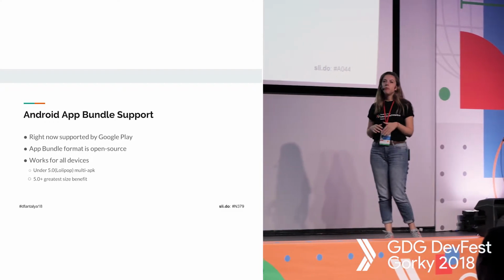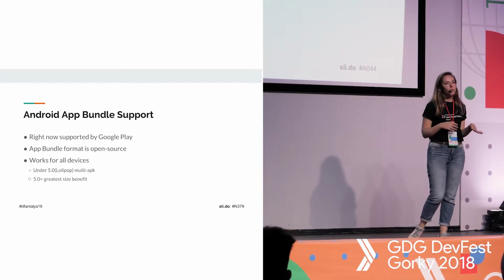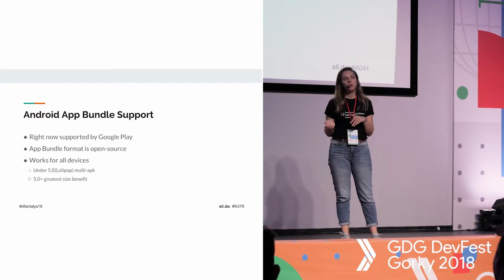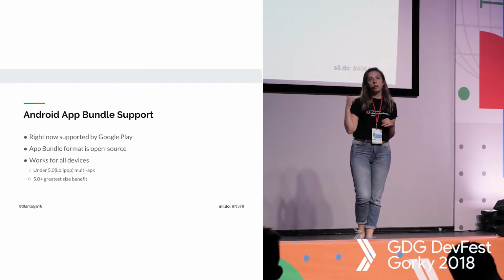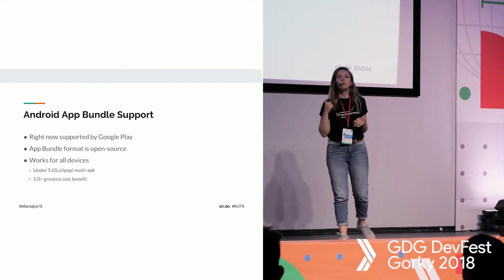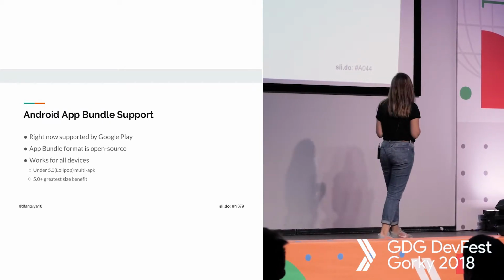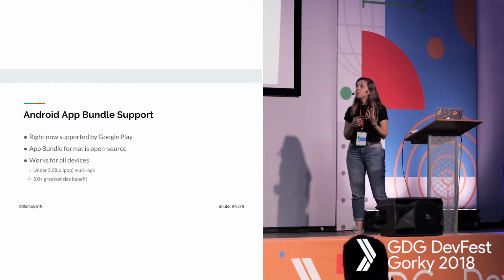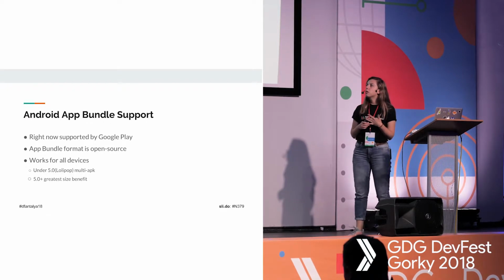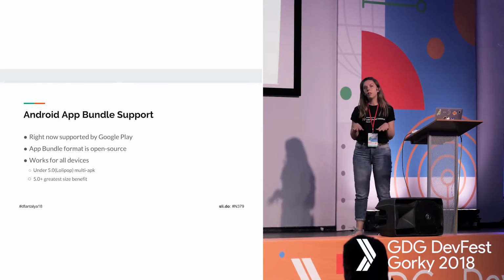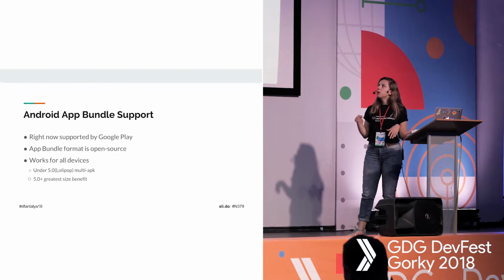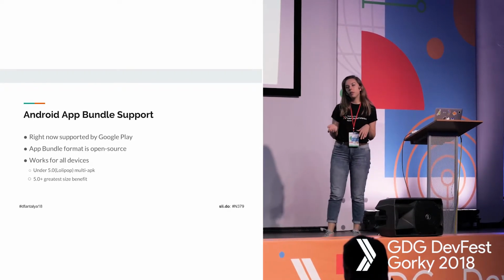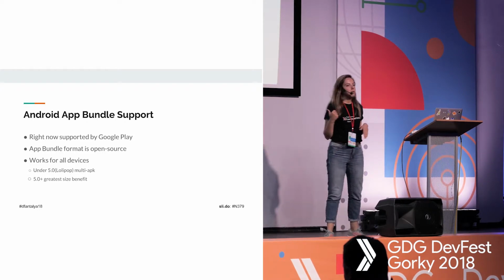So if you are not using Google Play for testing, if we have different solutions for it, again, we can integrate a bundle into our system and we can use it. It only works after Android 5, but still we don't have to do anything under 5 because the APKs will be produced as multi-APK, but Google Play will handle this.